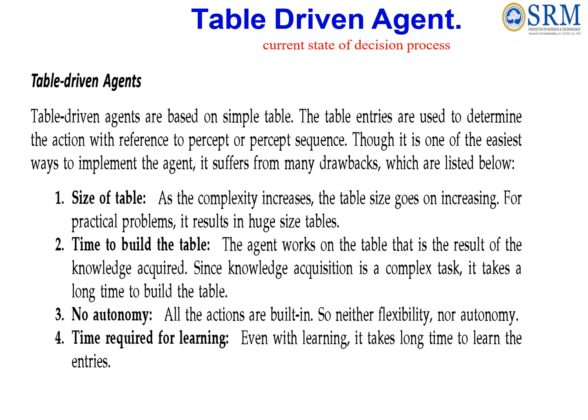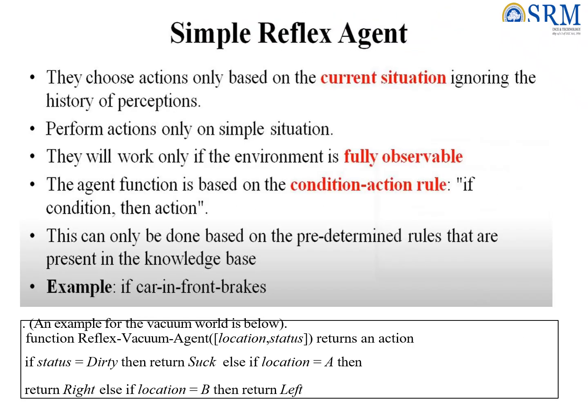Next we are going to move to the simple reflex agent. The simple reflex agent is one of the simplest types of intelligent agent in artificial intelligence. A simple reflex agent selects an action based only on the current percept or current situation, and it ignores the history of previous percepts.